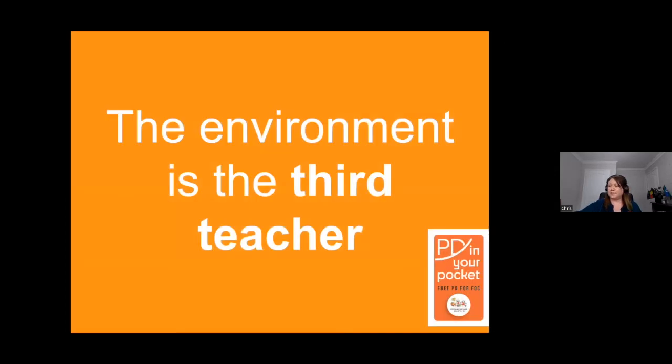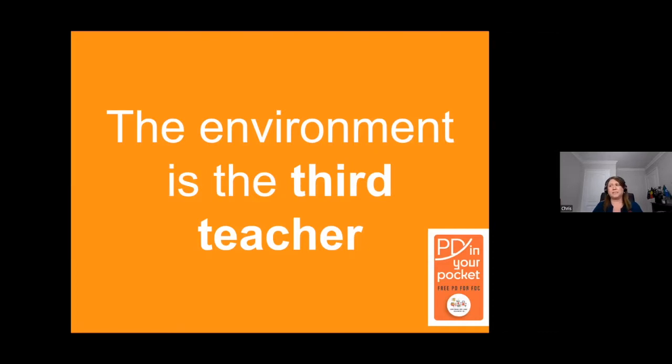The environment as the third teacher. So I'm just wondering, have many of you heard this phrase before? If you've read our booklet, you may have already read ahead and seen that this is in there, but the phrase actually comes from the early childhood teaching approach developed in the towns and villages around Reggio Emilia in Italy. This approach was developed by teacher Loris Malaguzzi and the parents of children after World War II. Malaguzzi believed that the physical environment was to be one of the most fundamental, important things to the early childhood program.